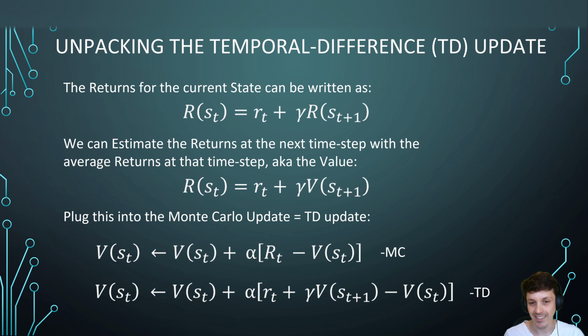So at the start, the value function is not going to be a very good approximation of the returns. That value grid is not going to be a good approximation, but over time it should slowly become a better and better approximation, and then we should hopefully converge to the true value grid.